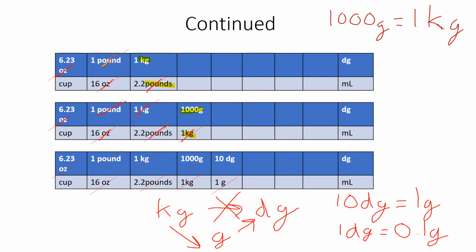We just kind of go back and cross off where we've been and what we've done. Ounces have canceled. Pounds have canceled. Kilograms have canceled. Grams will cancel now because we're going to put the decigrams in the numerator because that's what we want to be left with.